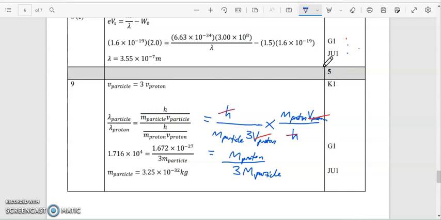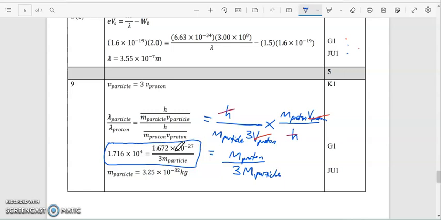For the marking, one mark is for the concept. As long as you write that the velocity of the particle is 3 times the velocity of the proton, that is 1 mark. Then G1 is gantian, 1 mark for substitution.